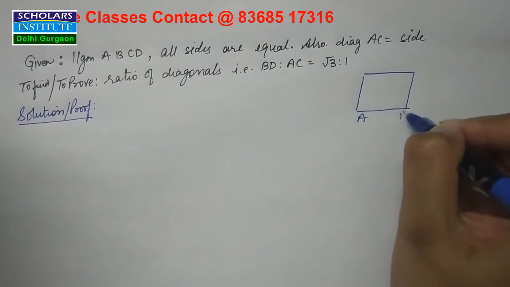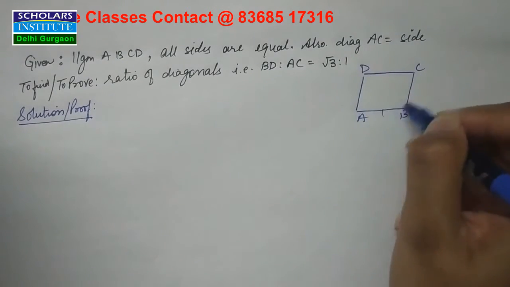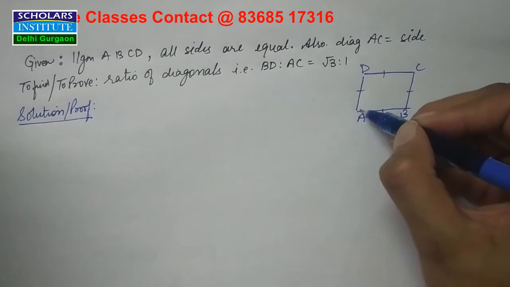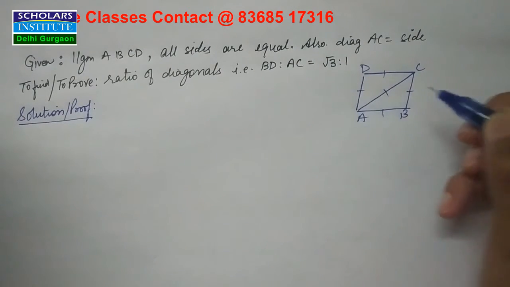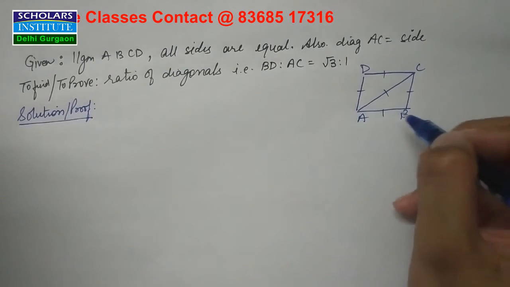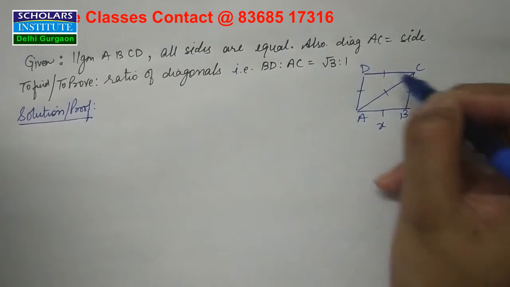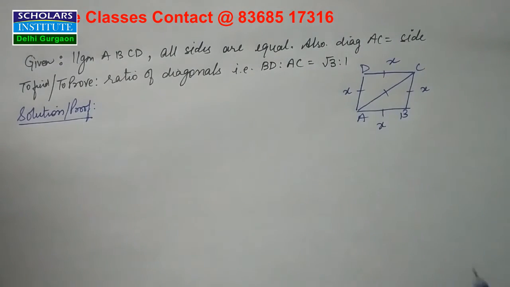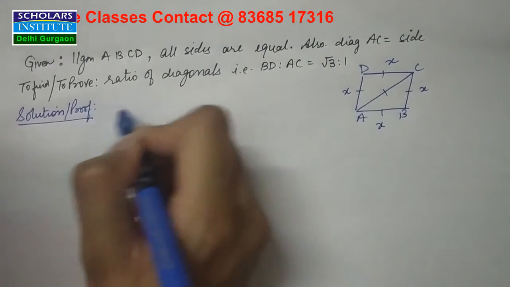Suppose this is the parallelogram ABCD in which all sides are equal, and this is the diagonal which is also equal to the side. Let us assume that all these sides are x units. So let's write this out.